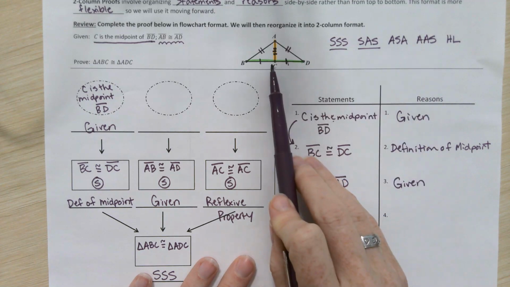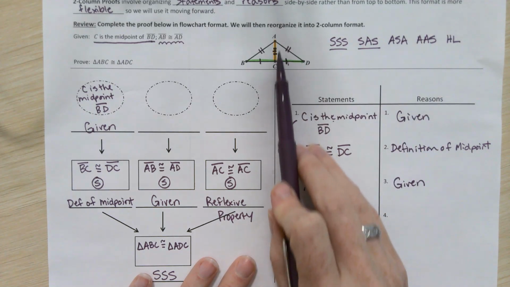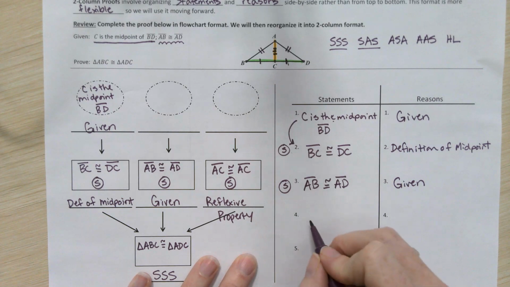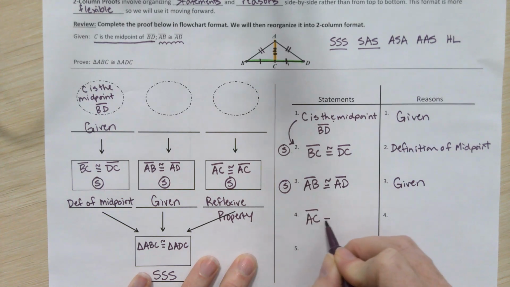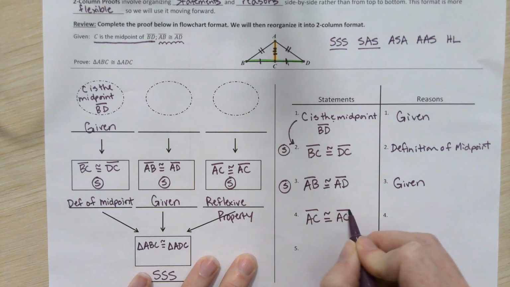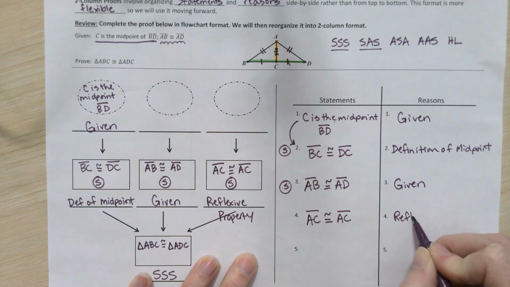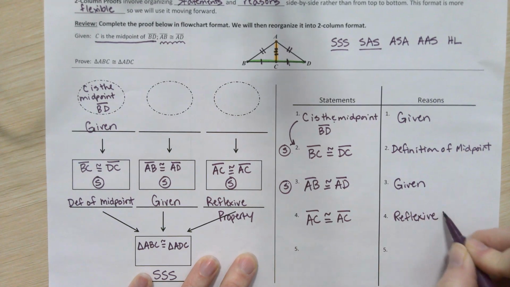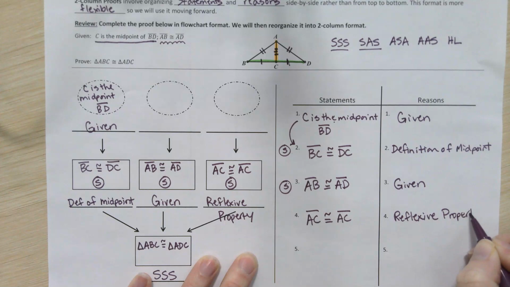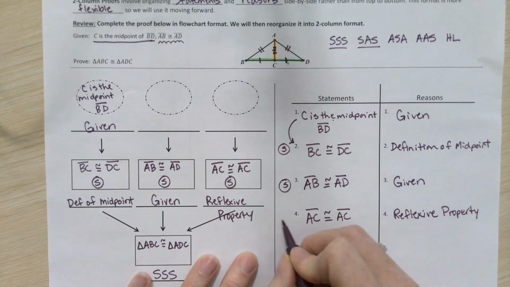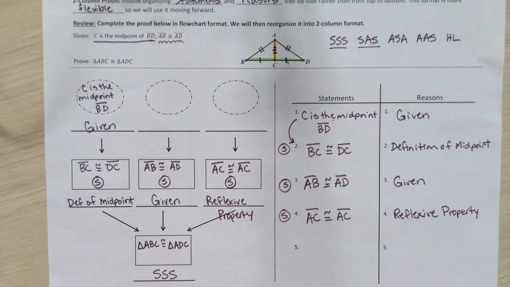So we go back to the picture. We notice that reflexive property shared segment. So we're going to write segment AC is congruent to segment AC in our next line of the proof, thanks to the reflexive property. Label that with an S because it's a pair of congruent sides.